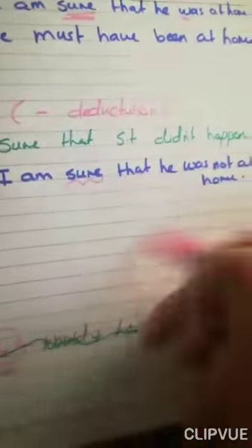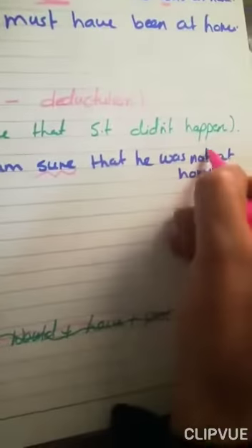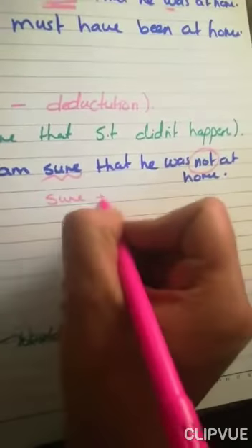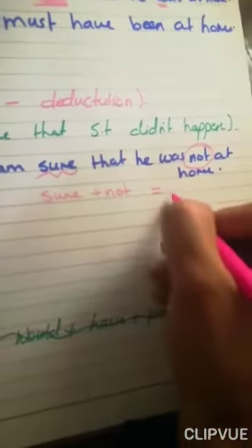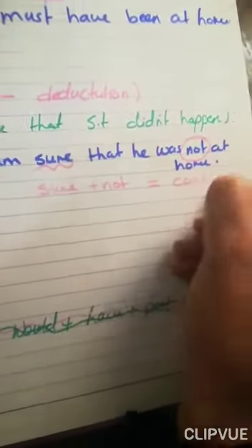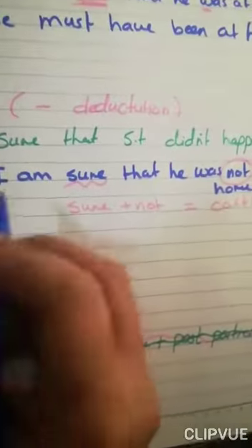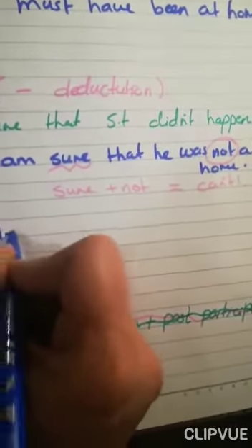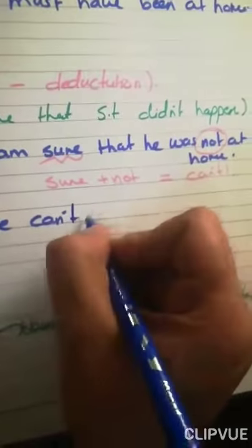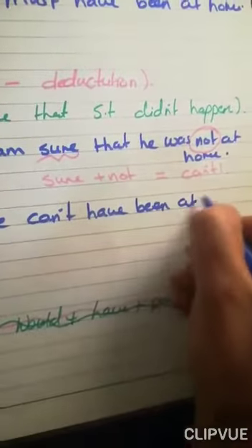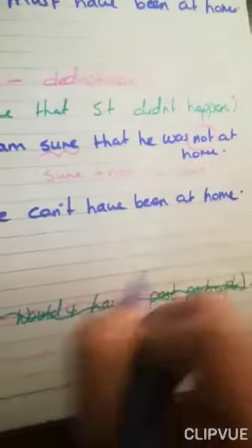I am sure, and I have here not. So when you are sure and negative, not equals can't. The sentence that you're going to write is: He can't have been at home.